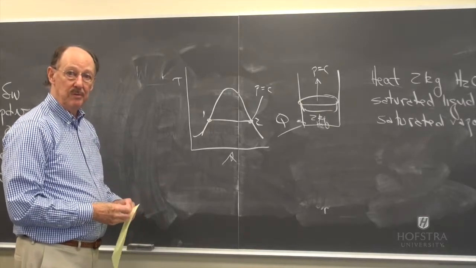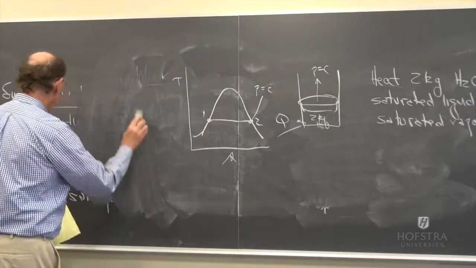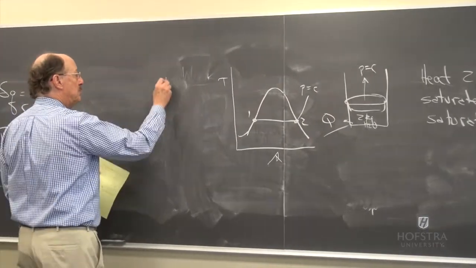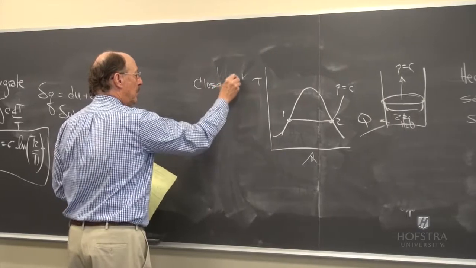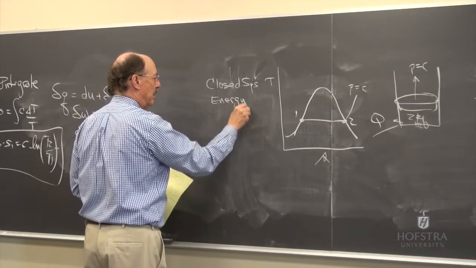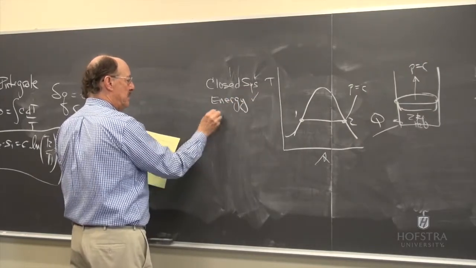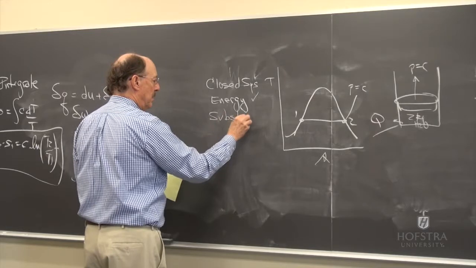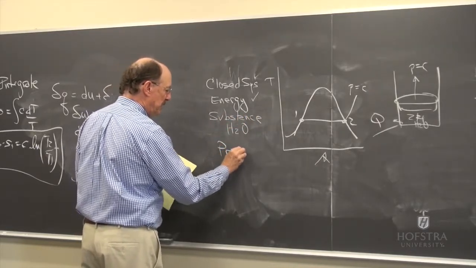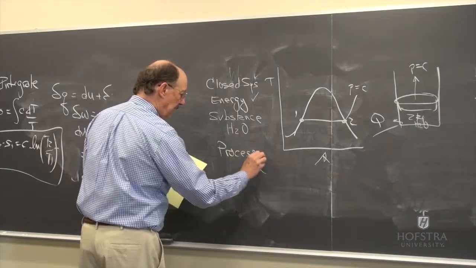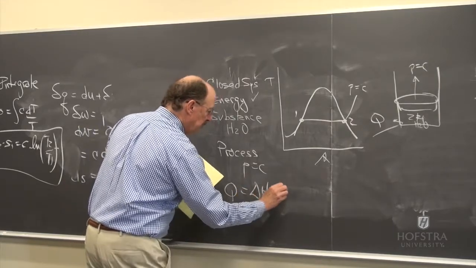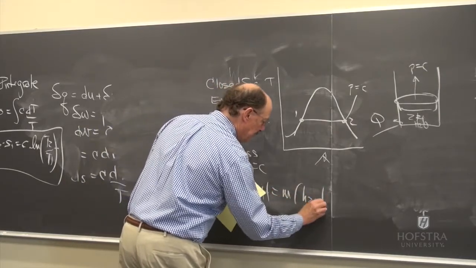So we know that for a closed system, we have energies involved, the substance is H2O, and the process is P equals C. And we know then that Q is equal to del H is equal to m times (h2 minus h1).